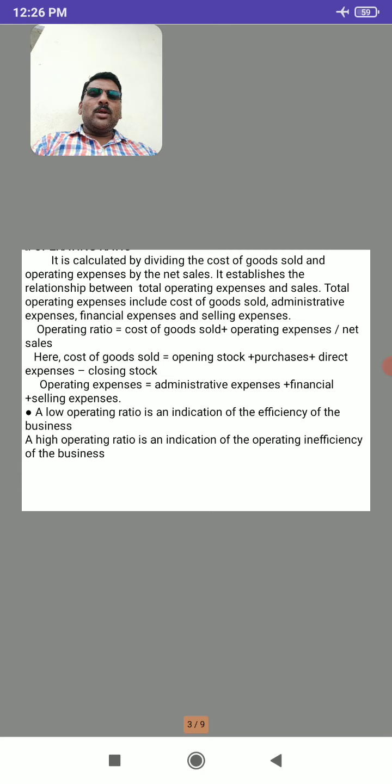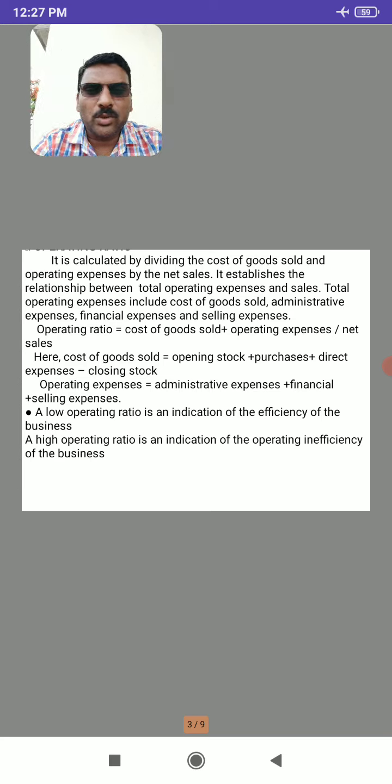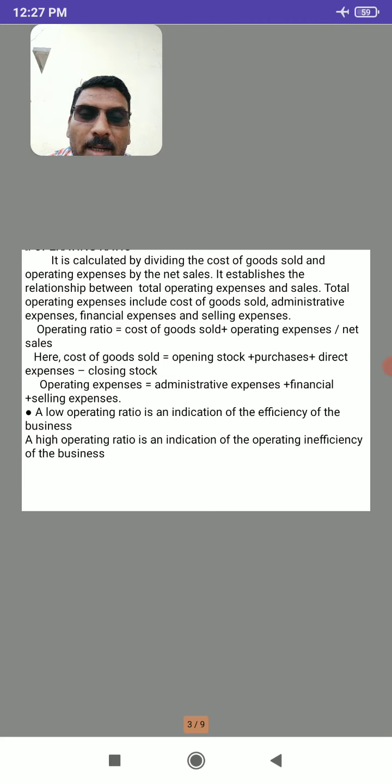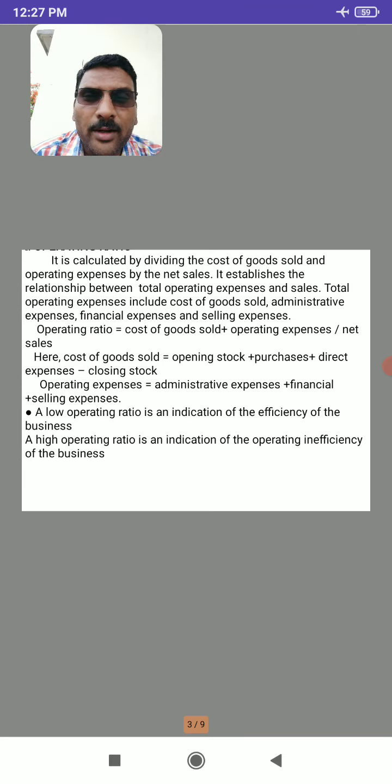Here a low operating expense ratio is an indication of the efficiency of the business. If the operating ratio is low, automatically it shows the efficiency of the firm, and a high operating ratio indicates the inefficiency of the business. So the firm has to maintain a low operating ratio.